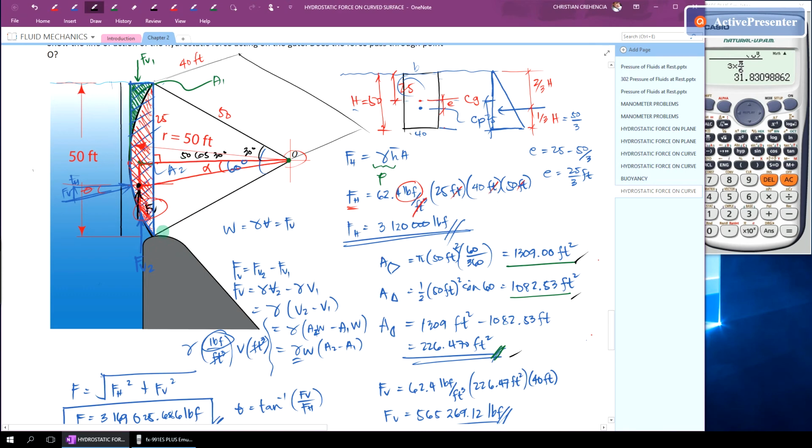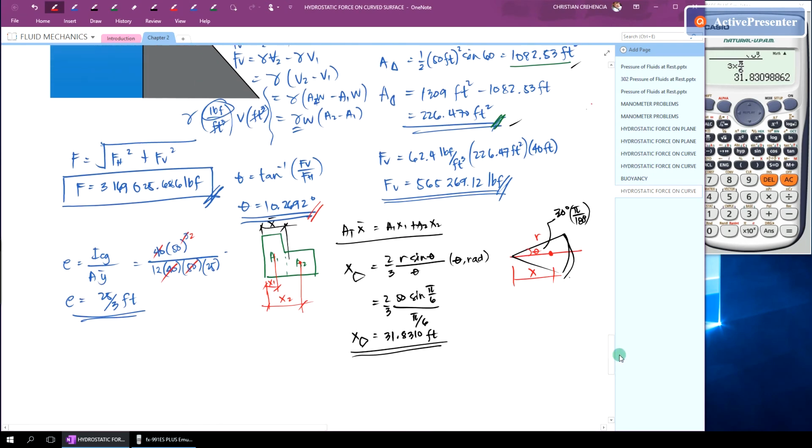So if we consider this base, the centroid is somewhere here. So this is 1/3 of 50 cosine 30, and the other side is 2/3 of 50 cosine 30. So that is the distance of the centroid of the triangle.